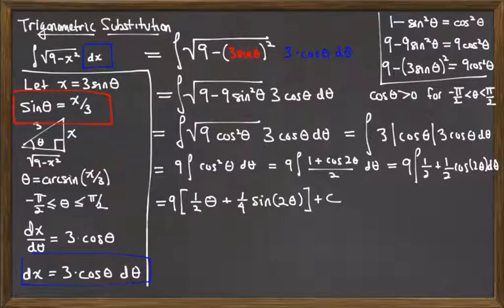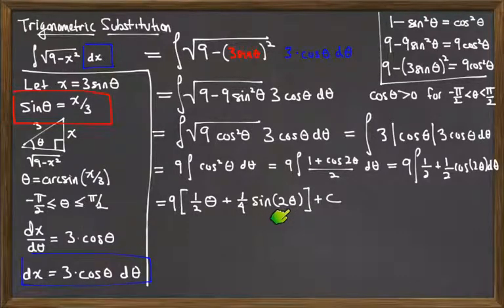I need to back substitute. I'll need to replace theta with an expression involving x. We already have that over here. Theta is the arc sine of x over 3, so I'll know how to handle that first term. My triangle here tells me how to find sines and cosines or whatever I need of the angle theta, but unfortunately because I've used this power reduction identity, I now have the double angle appearing here. I have 2 theta.